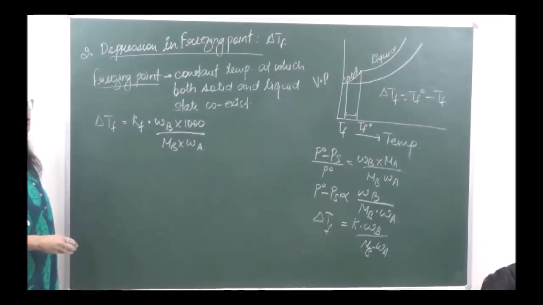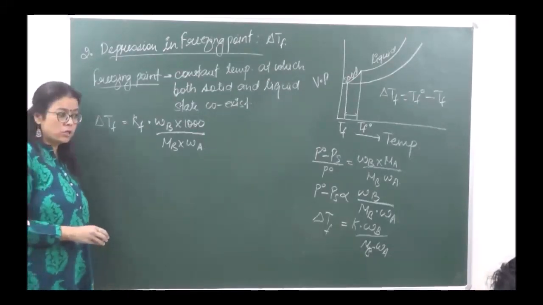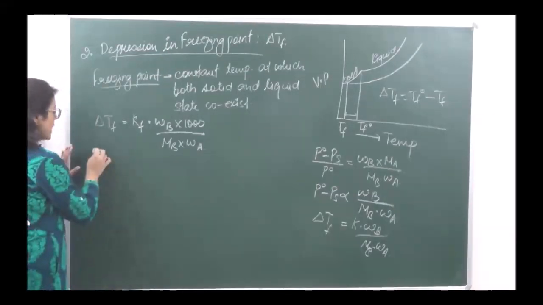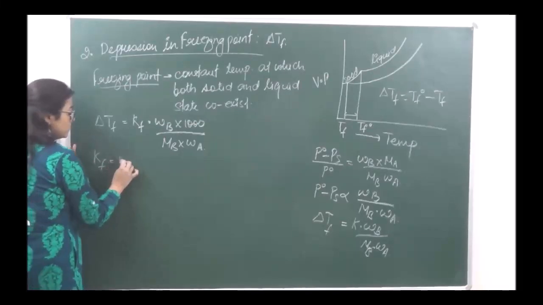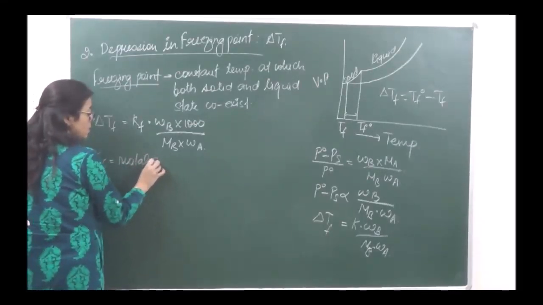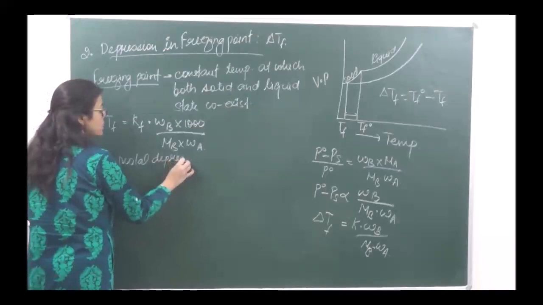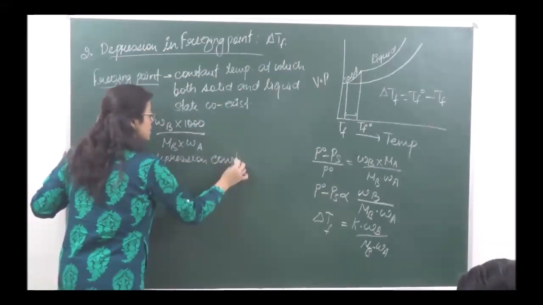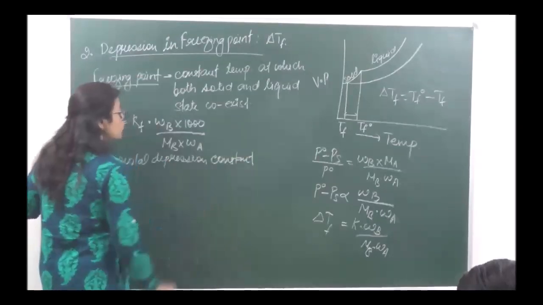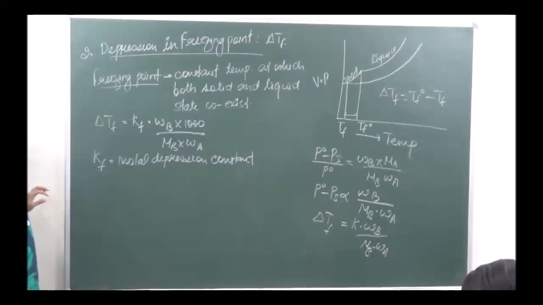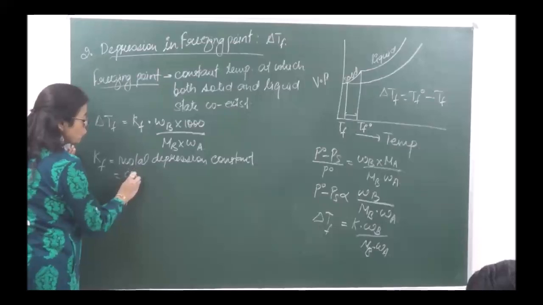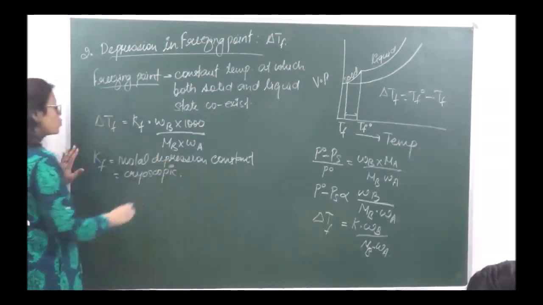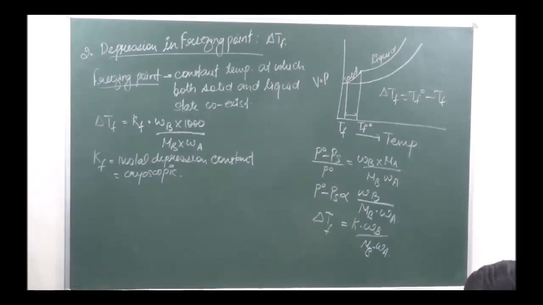Like Kb, that was known as the ebullioscopic constant or molal elevation constant, Kf is known as the molal depression constant. This is known as molal depression constant, or it is also known as cryoscopic constant.